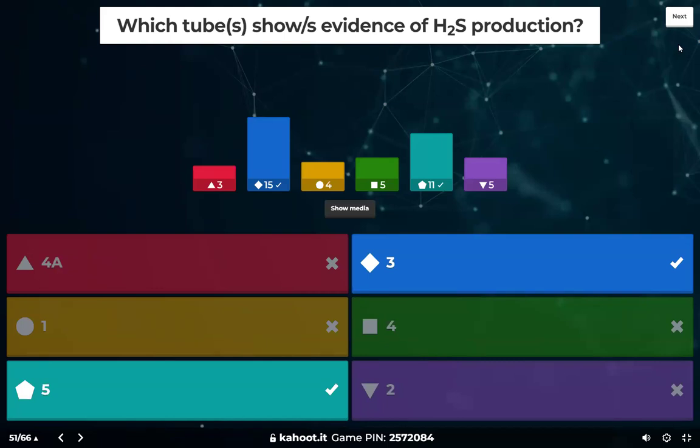All righty. So that's going to be tubes 3 and 5. Why? Because they had the black precipitate.